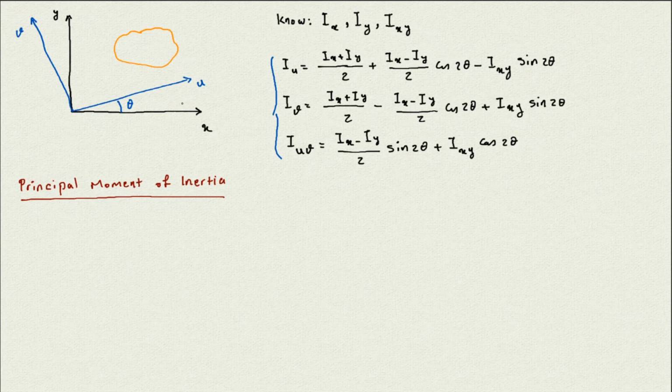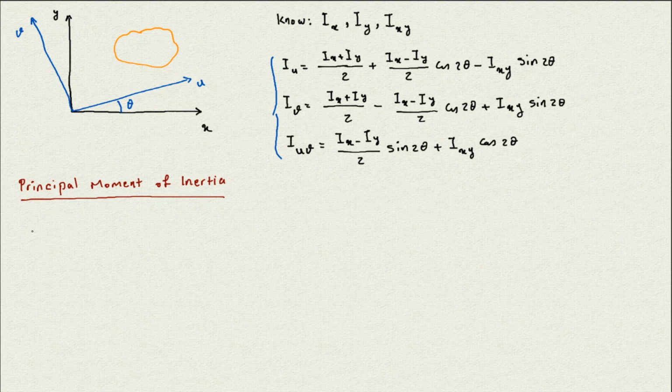Now how to find those axes, where those axes happen, where we have that maximum. In other words, if I know the Ix, Iy and Ixy, at what angle are the minimum and maximum moment of inertia going to happen, which axis is going to have that?